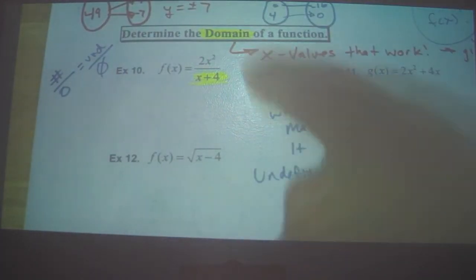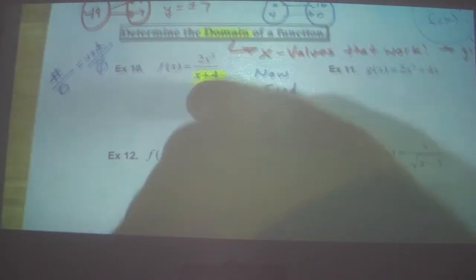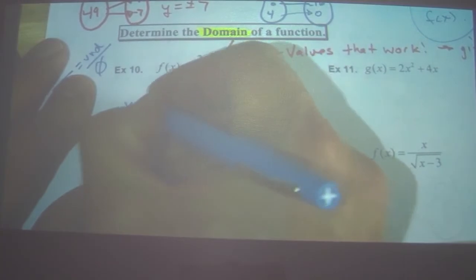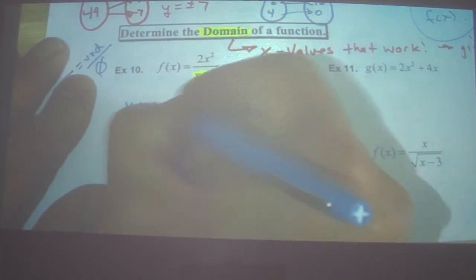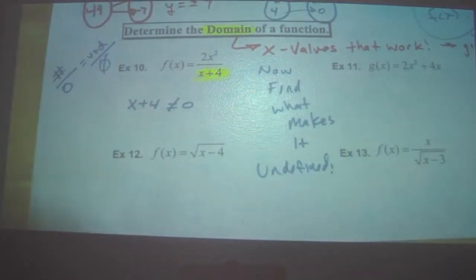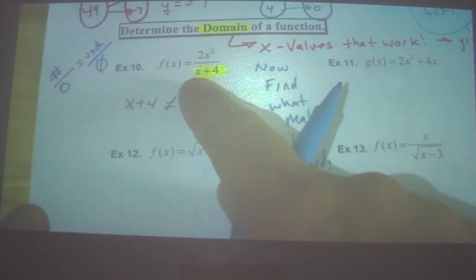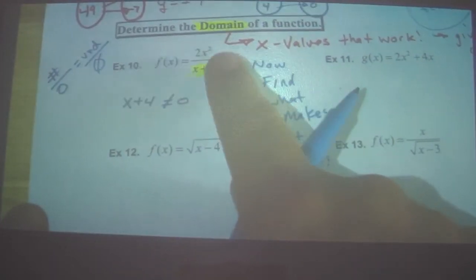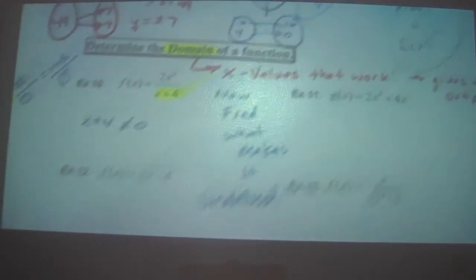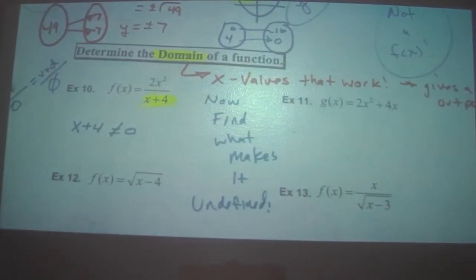So, whatever's on your bottom, whatever's in your denominator, cannot be zero. Okay? Now, domain starts with the letter D. So does the denominator. Never set the numerator equal to zero. It's the denominator can't be zero.